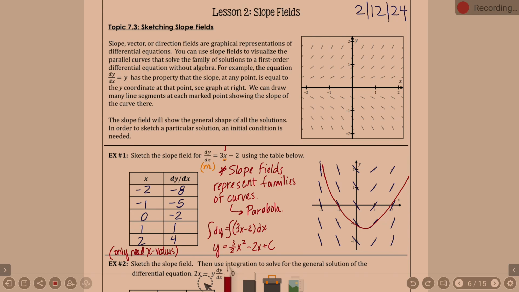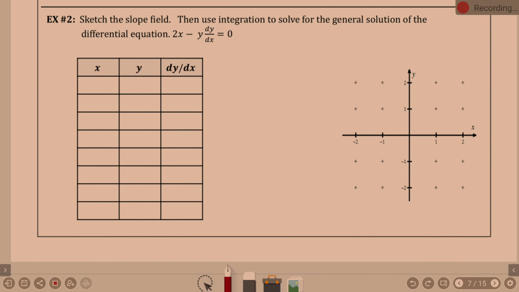Okay, we have another slope field to sketch in number 2 when you're ready. Can you add over, so separate the y's from the x's. We can rearrange this a little bit to make it easier to plug into. As we look at this problem, one of the big differences is there are more boxes.